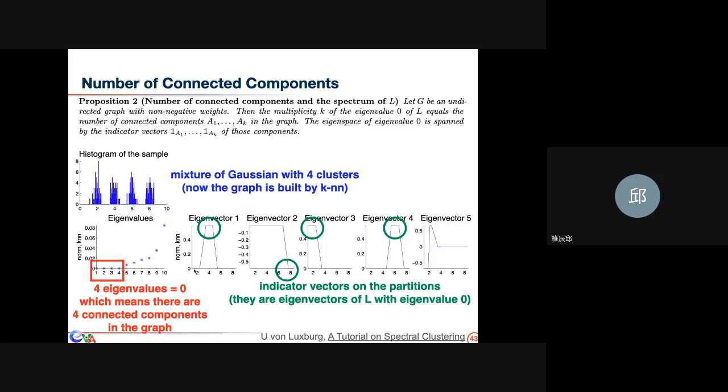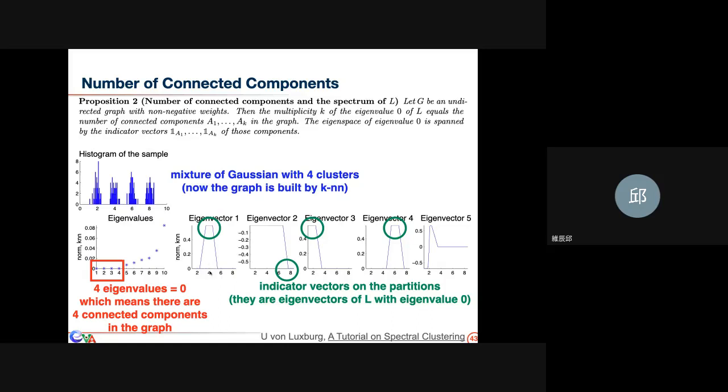This figure shows that for the data points whose values are around 2, their corresponding element in the first eigenvector is 0.